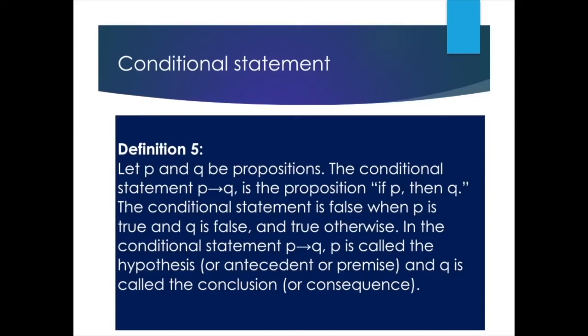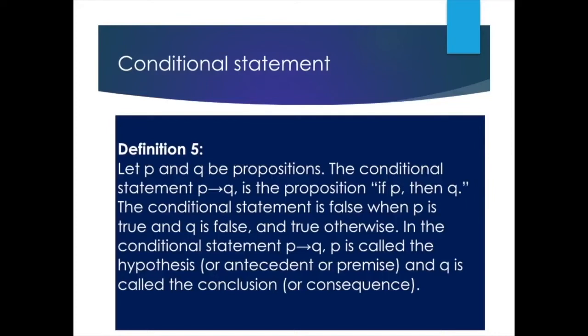Okay, so the next definition is about conditional statements, which are the if-then statements we use every day in a program. If you have P and Q, both propositions, the conditional statement P implies Q is the proposition that if P, then Q, which means the first statement should be true in order to make the second statement true.